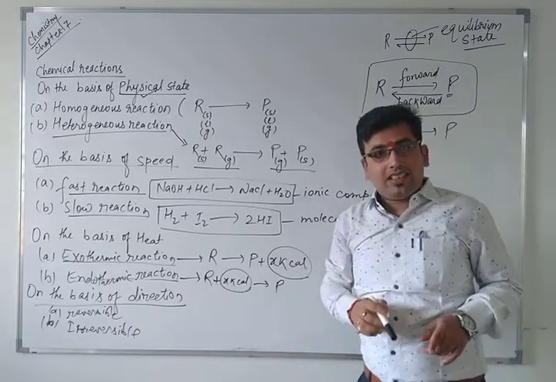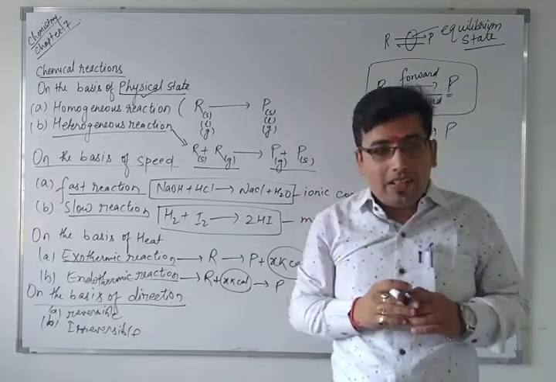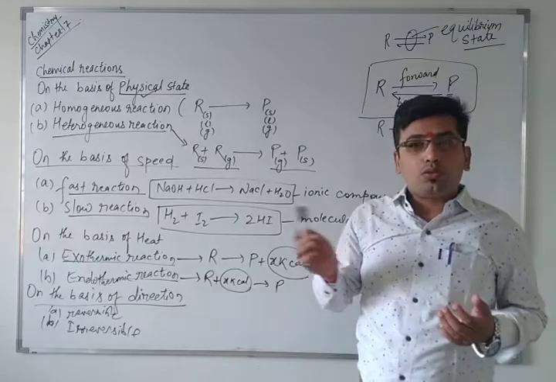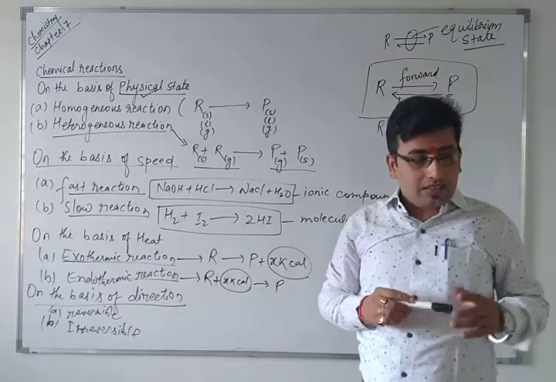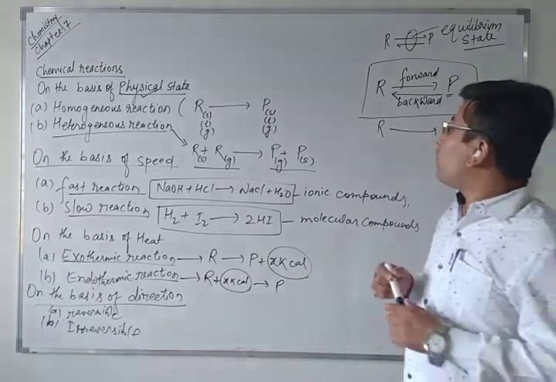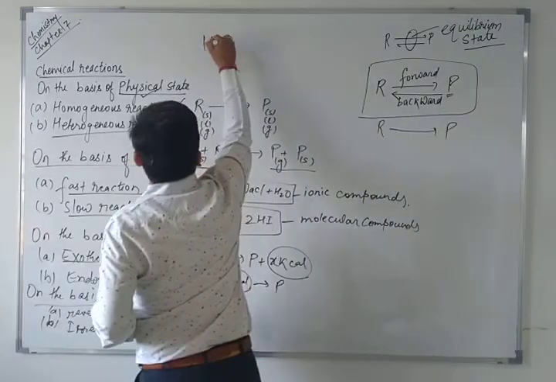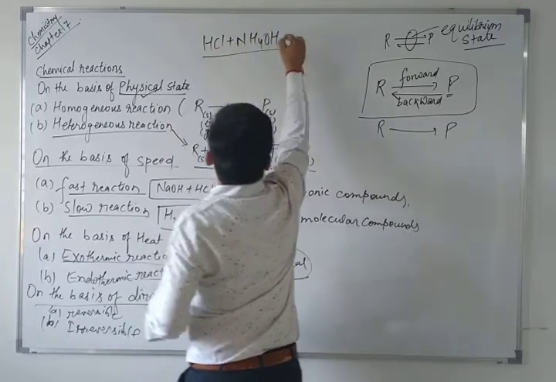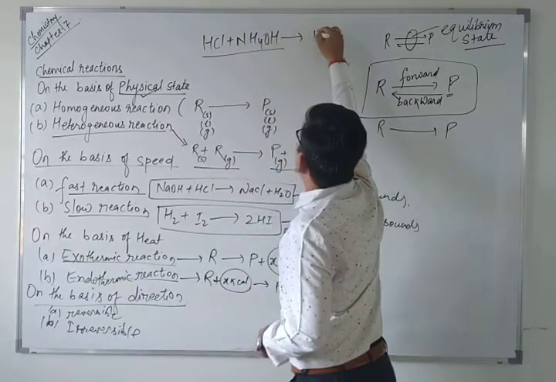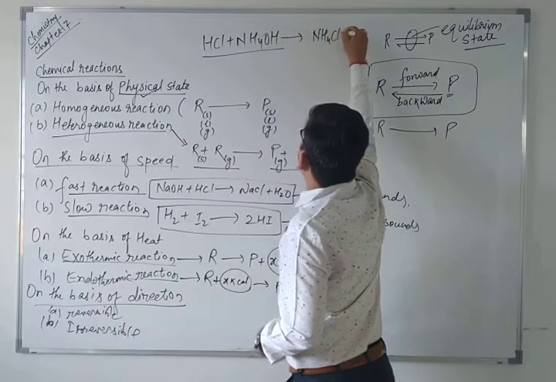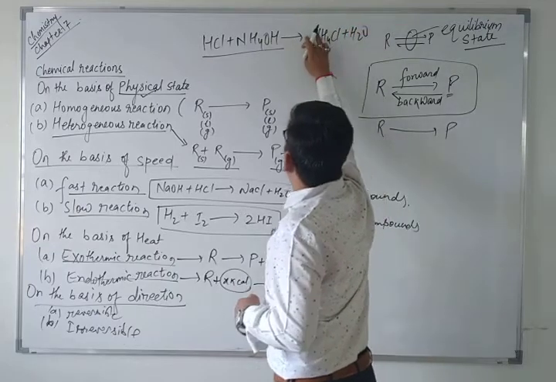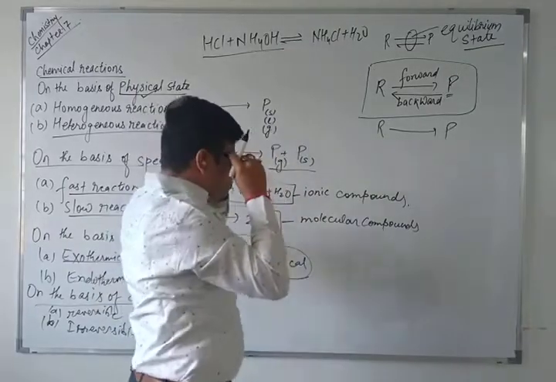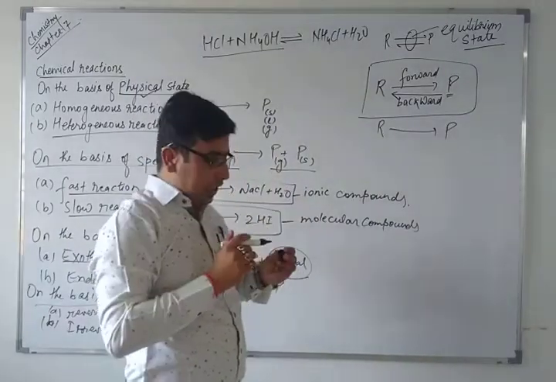Just as I give you a reaction: when hydrochloric acid and ammonium hydroxide react, they give you ammonium chloride, NH4Cl, and H2O. Again, this ammonium chloride can be converted back into ammonium hydroxide and hydrochloric acid.